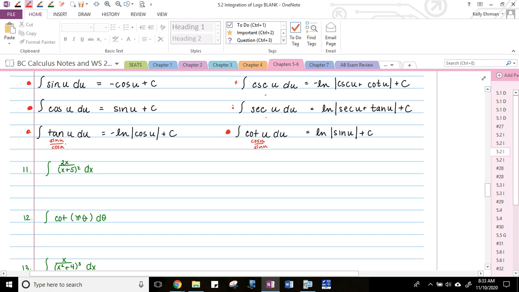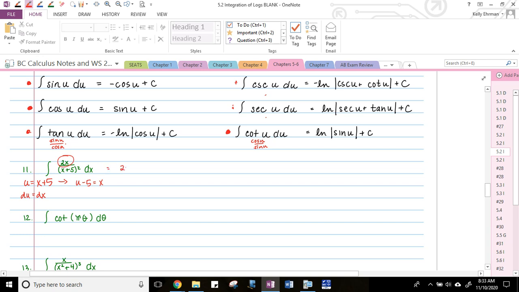So when I see this, instead of FOILing something out, I'm going to use the trick we used earlier and say u is x plus 5. Du dx is 1, so du is dx. And so how do I take care of this problem of a 2x? I solve this equation, u equals x plus 5, for x. U minus 5 equals x. And then sub that in for the x that you want to get rid of.